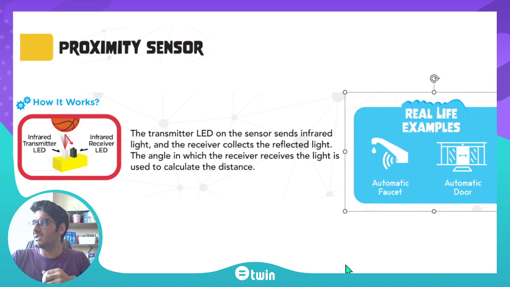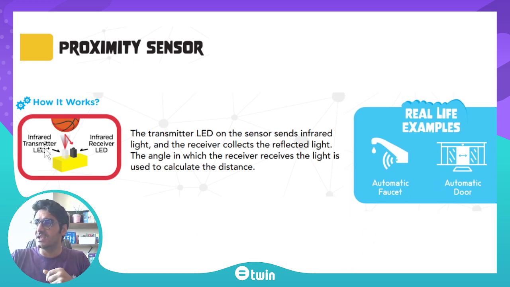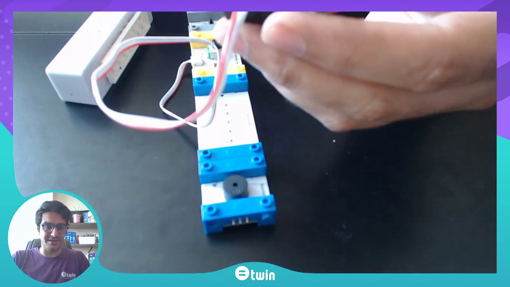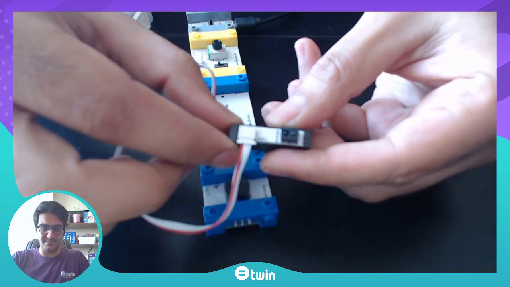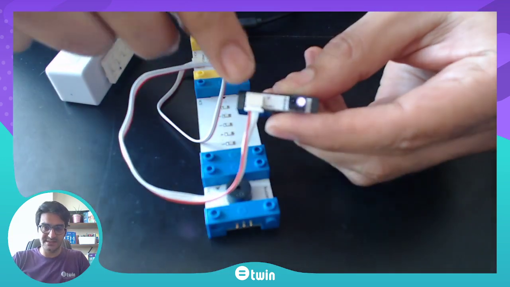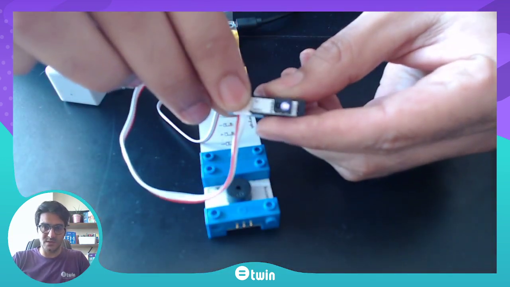As it is shown in here, there is an infrared transmitter and receiver. We have two different optic glasses here, as I showed, and one of them transmits the signal and the other one receives.